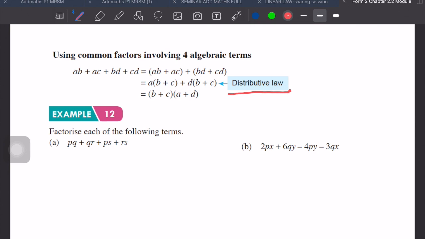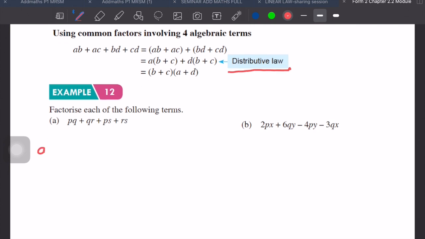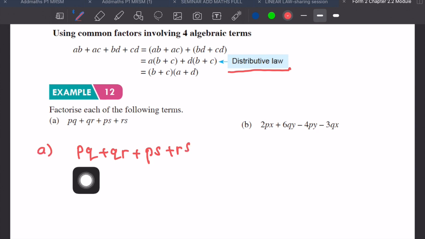Okay, so we have a look at the first example. Okay, PQ plus QR plus PS plus RS.